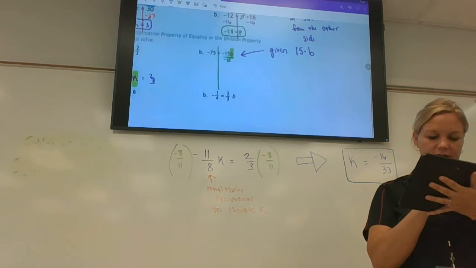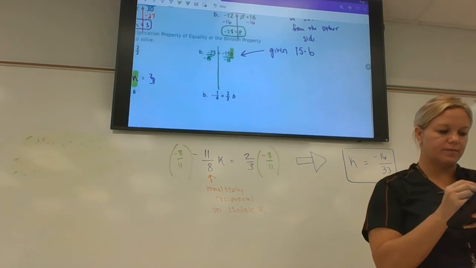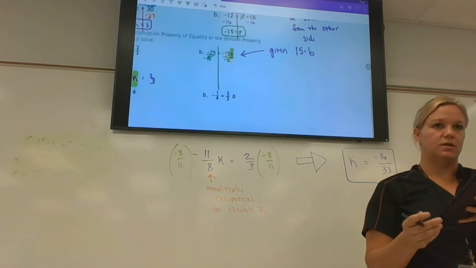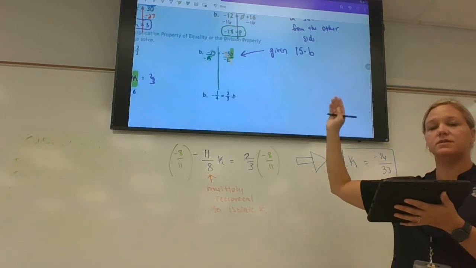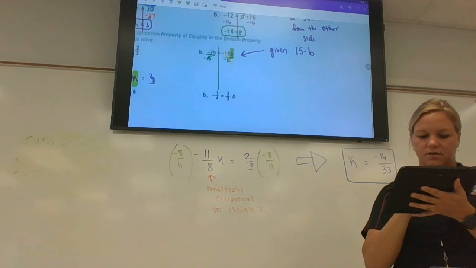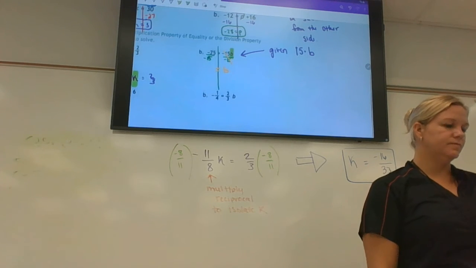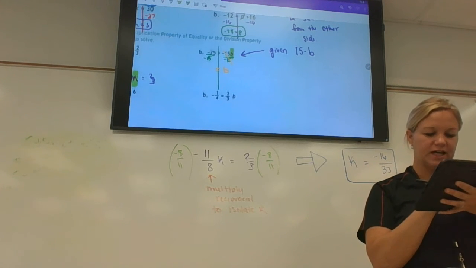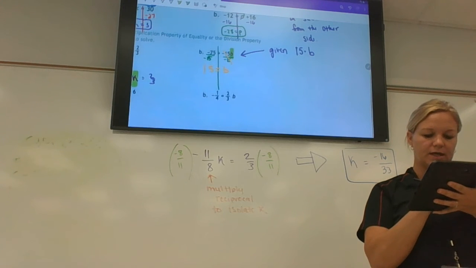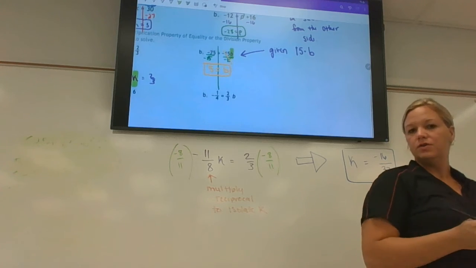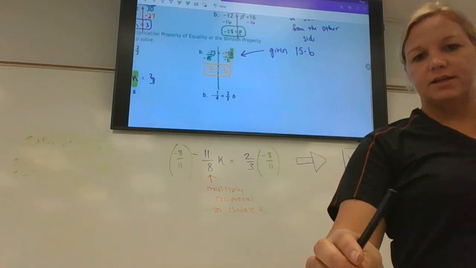Divide negative 15. Then we cancel the 15s, but the b stays where it's at. We're going to leave b alone. I think it's positive 5. Positive 5. And you can always plug back in to check.